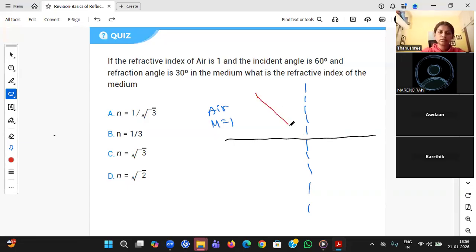He did not mention anything, so please take the reference with the normal line. And the refraction angle is 30 degrees. That means the red ray would have gone like this, but as it bends, the bending is at 30 degrees. Oh, that's an easy question. You just need to apply Snell's law.